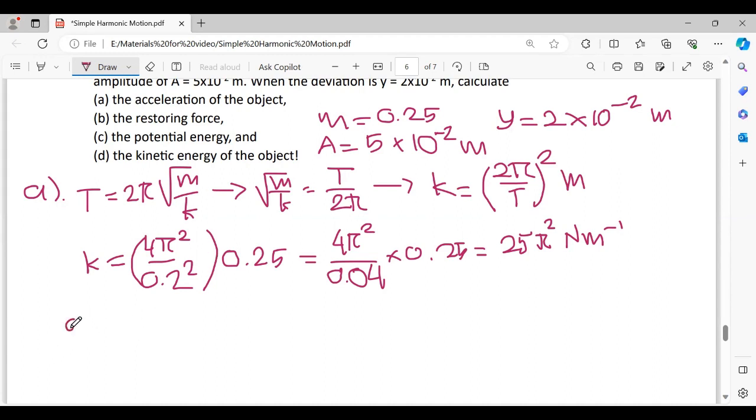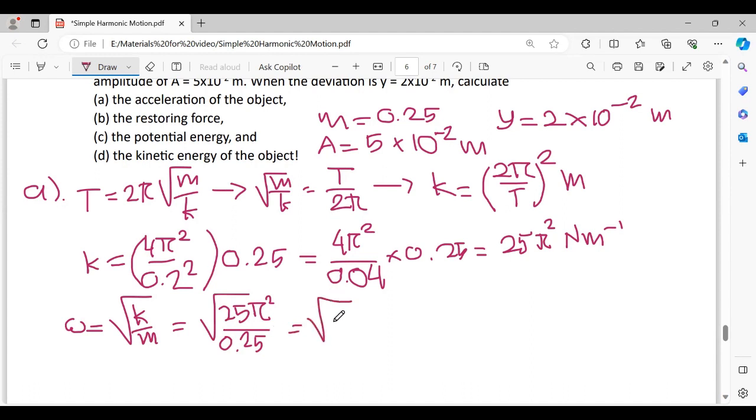Omega equals square root of k over m, then square root of 25 pi squared over m, which is 0.25, equals square root of 100 pi squared, which means 10 pi.